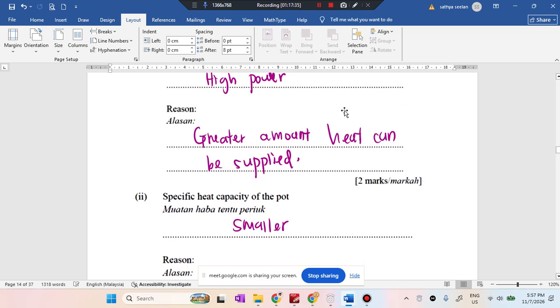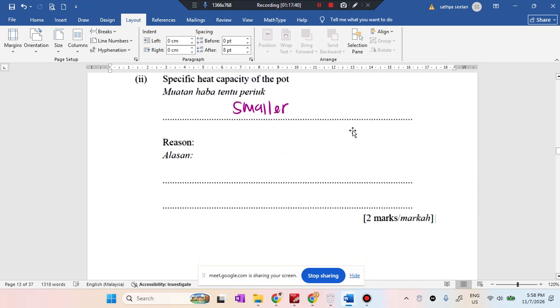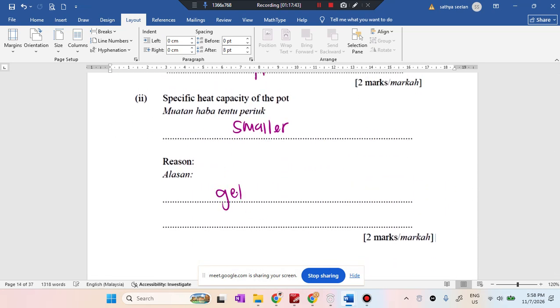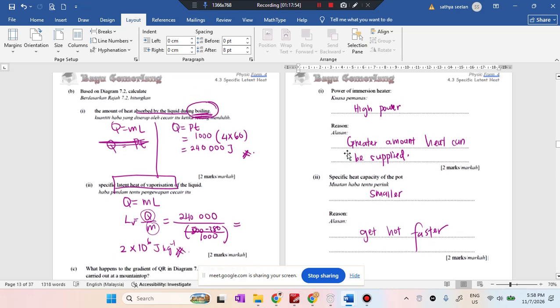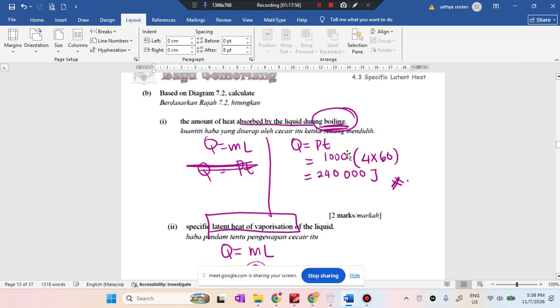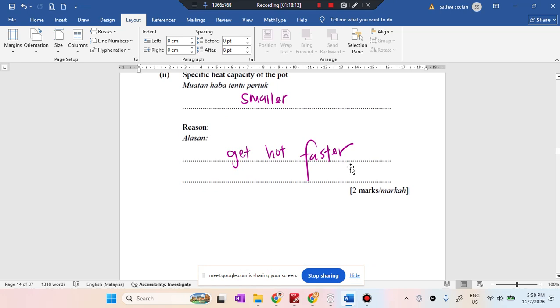The pot will get hot faster. High power, greater amount of heat can be supplied. Specific heat capacity smaller, so it gets hot faster.